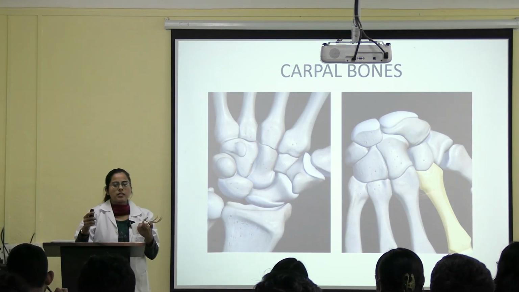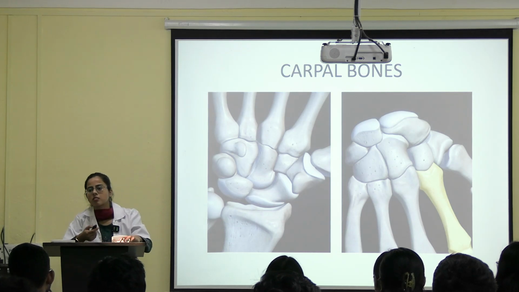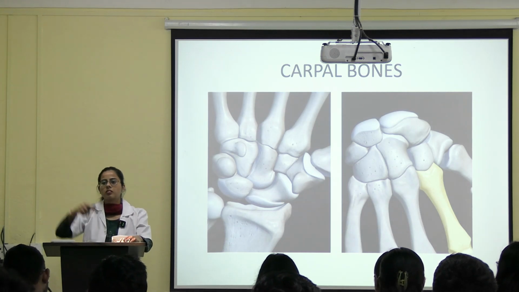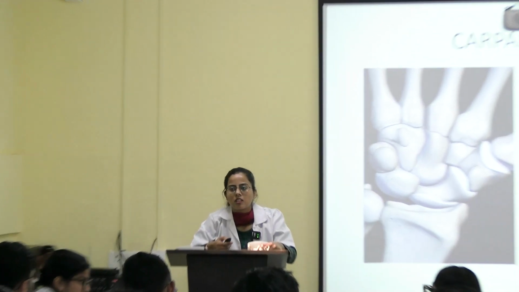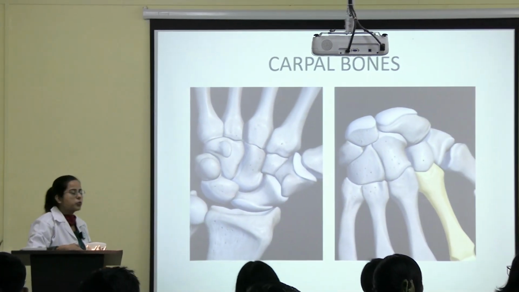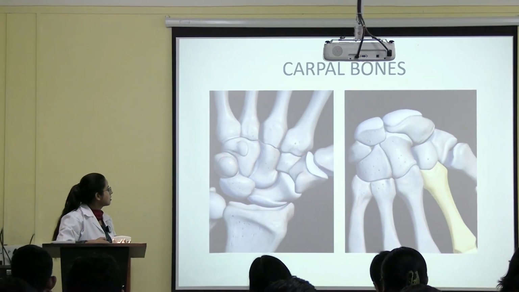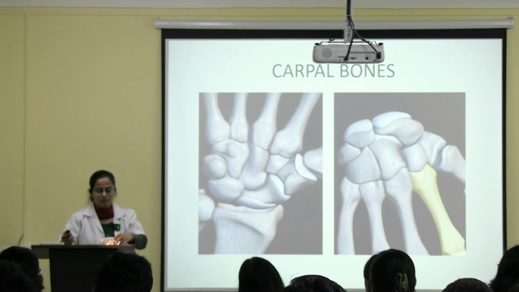Now can anyone tell what are the carpal bones present in the proximal row? This is scaphoid, this is lunate, this is... you got it? Sit down.